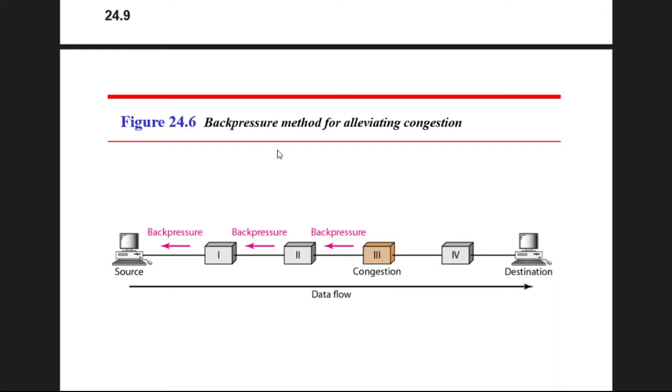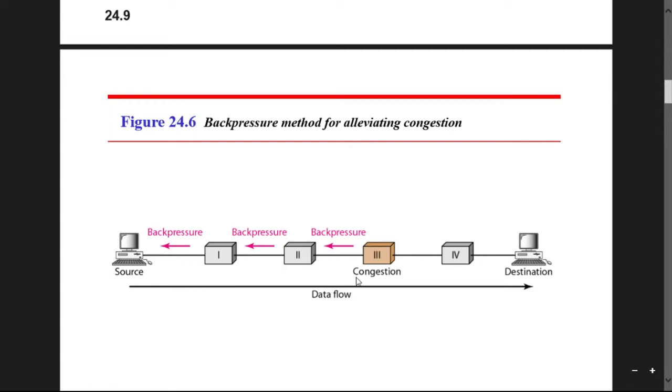In back pressure, this is a technology we can use for congestion control. This is our source and this is our destination. When we are sending the data from the source, there are different milestones we are providing here: 1, 2, 3.